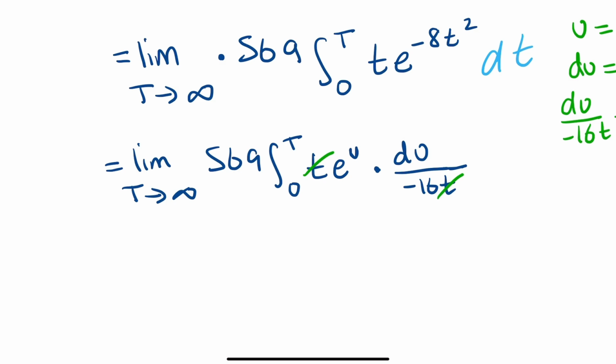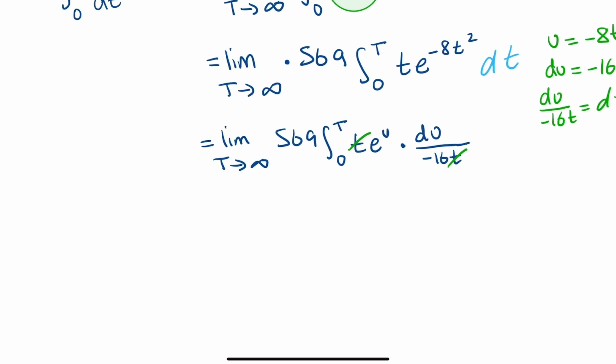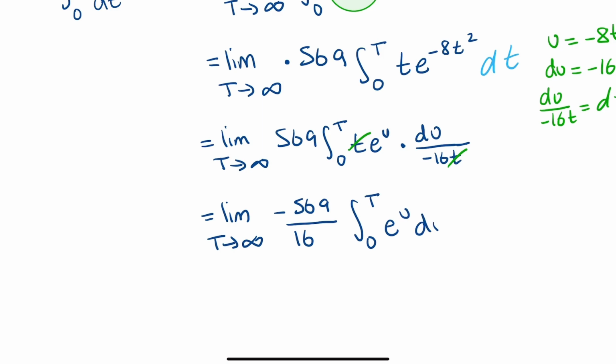So I'm going to take that negative 1 over 16, pull that out to the front as well, and multiply it with the 569 that we already have. So this will be the limit as capital T approaches infinity of negative 569 over 16 multiplied by the definite integral from 0 to capital T of e to the u du.